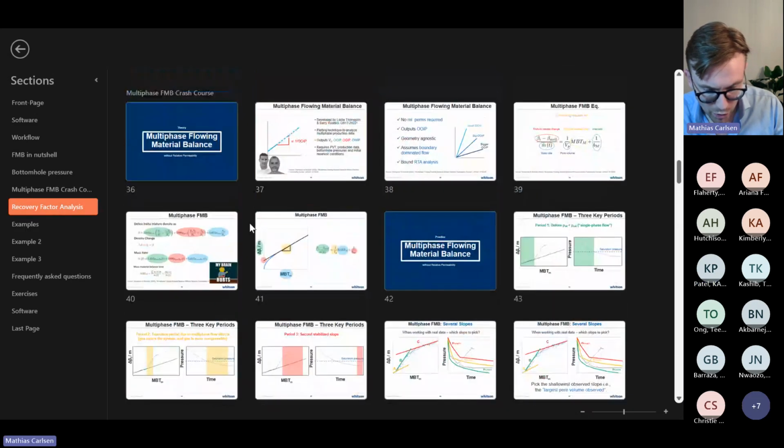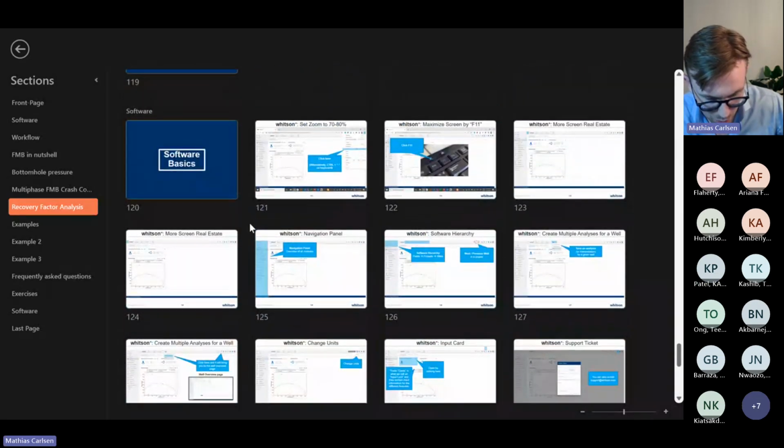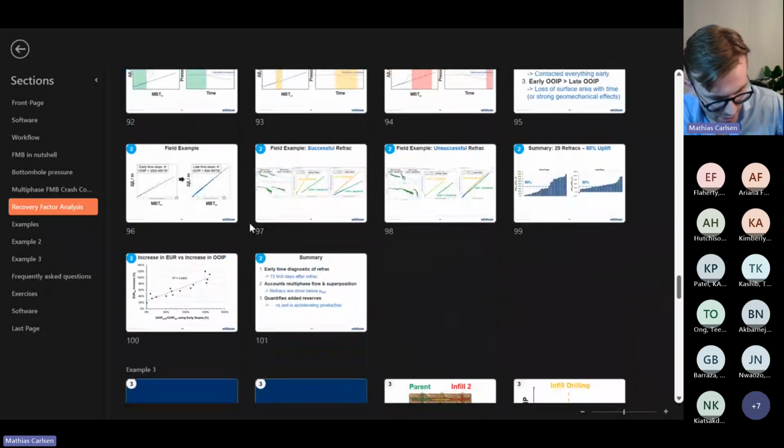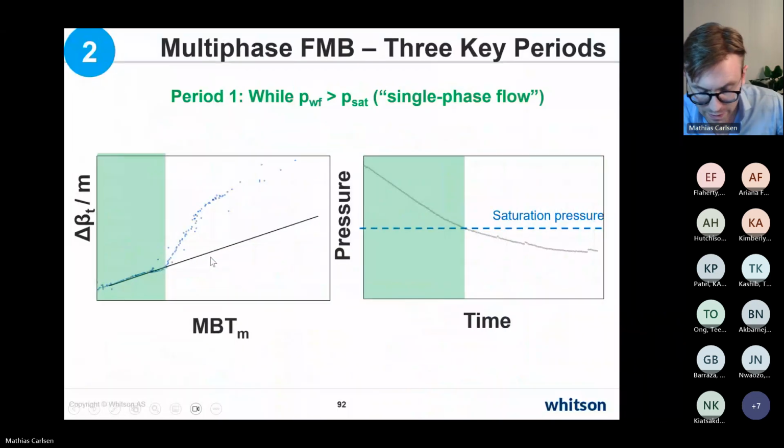Yep. So that goes back to, I hoped I had emphasized that enough, but I realize I probably haven't. So that goes back to these three things right here. If you have a well, first of all, in that well, the late time bottom hole pressures were really noisy. It was hard to do anything with it.